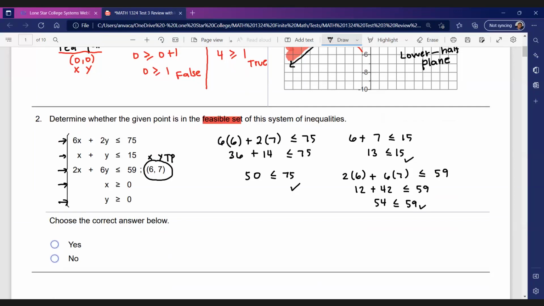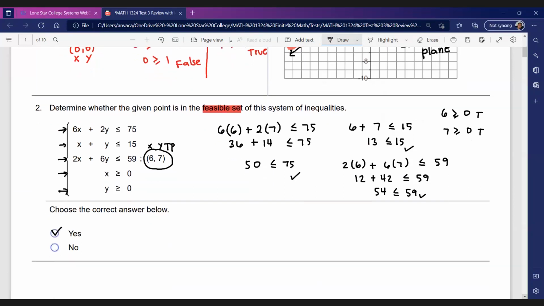Only the x value, so the x value was 6. Is it greater than or equal to 0? That is true. Only the y value, is 7 greater than or equal to 0? That is also true. Since the point (6, 7) satisfied all of the inequalities, it is in the solution set, or what is referred to as the feasible set.